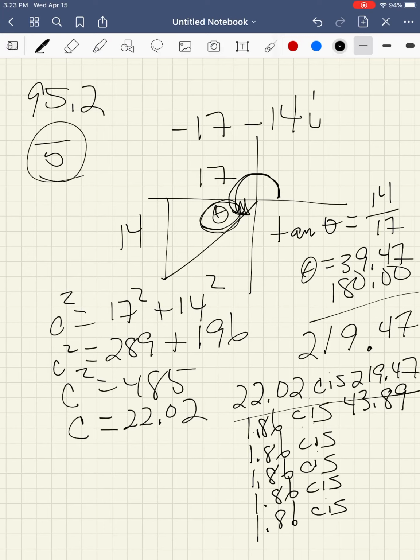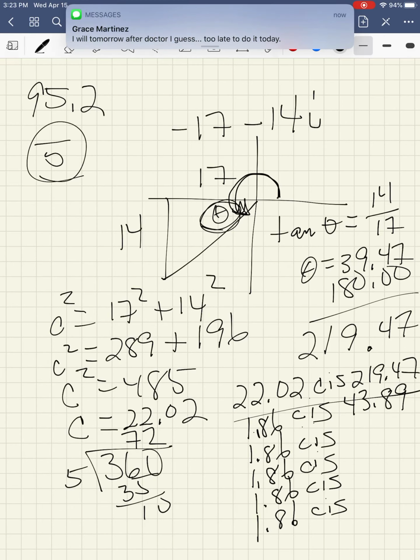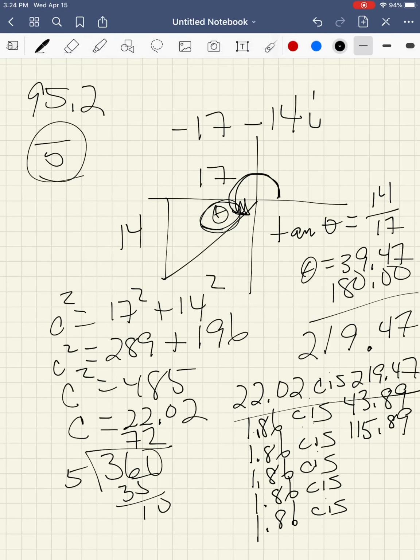And then we come back over here and we say, well, 360 divided by 5 is 72. So we add 72 each time. So if we add 72 here, we get 115.89. Add 72 again, we get 187.89.